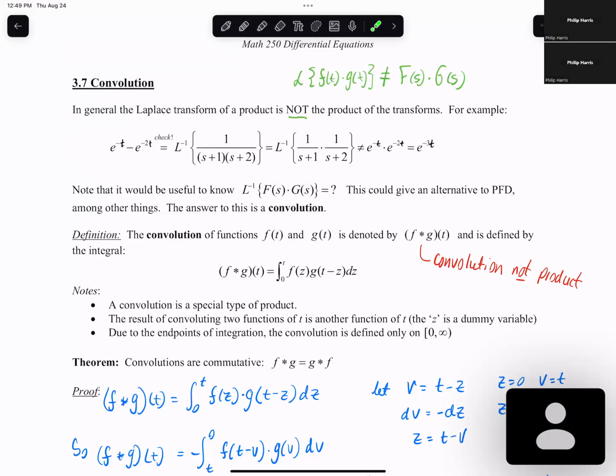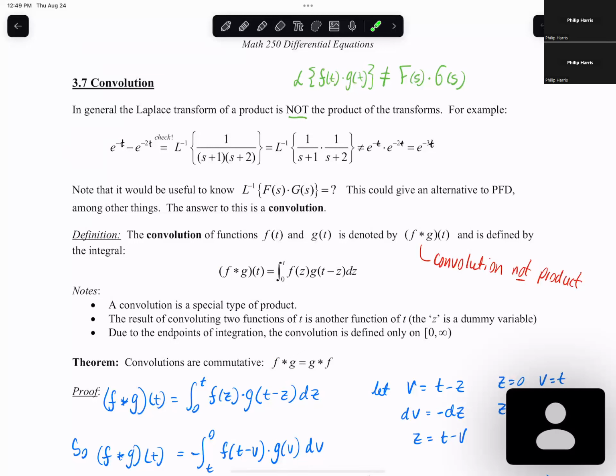The first thing here is really a counterexample showing that these things are not equal. For example, this could be the Laplace inverse of a product of big F and big G. If you do this, you'll find that this is not just e to the minus t times e to the minus 2t.